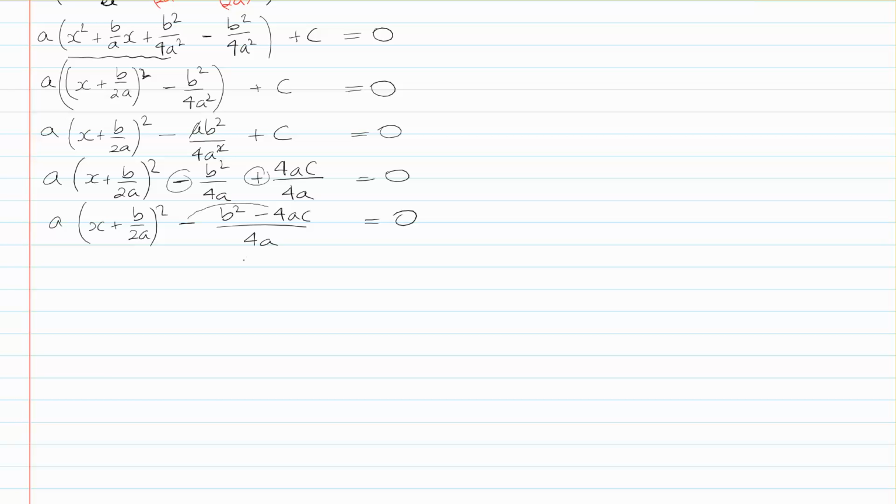Okay. Now I'm going to add this whole thing to the other side. a(x + b/2a)² equals (b² - 4ac) over 4a. So I've just added (b² - 4ac) over 4a to the other side.